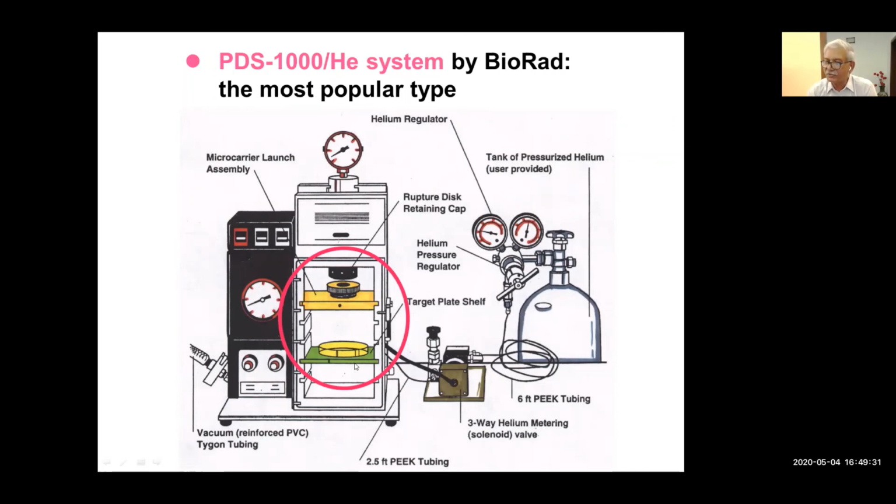Okay, most of the particles can get into the nucleus. Some of the particles just go to the cytoplasm. Some of the particles, if they are adhering to other particles, can also rupture the cells, damage the cells. But a single bombardment experiment results in a lot of different cells receiving the DNA-coated tungsten particles.